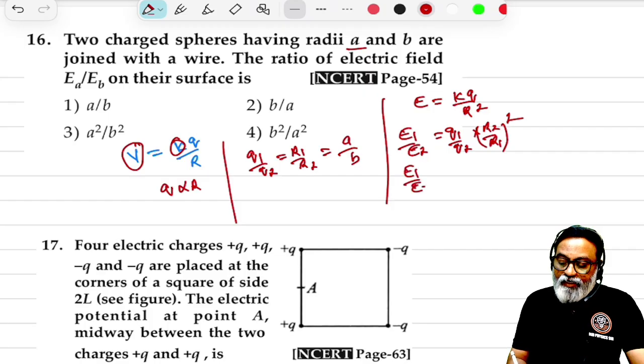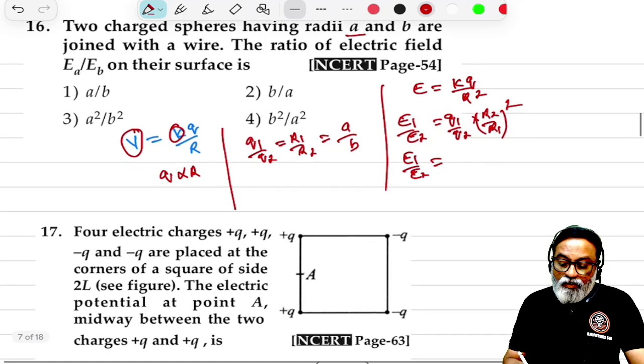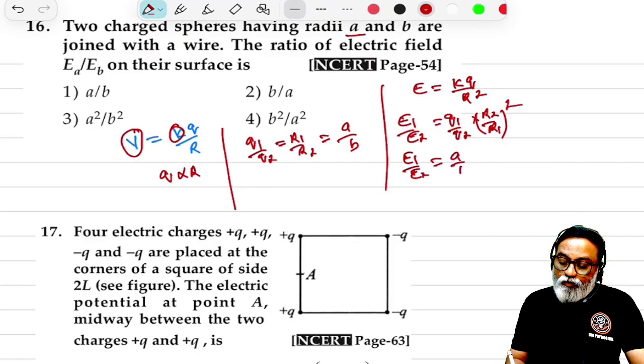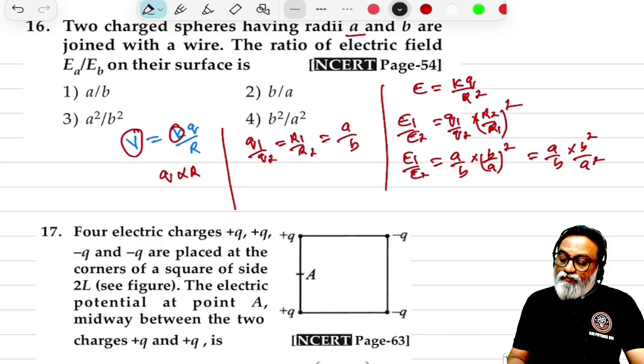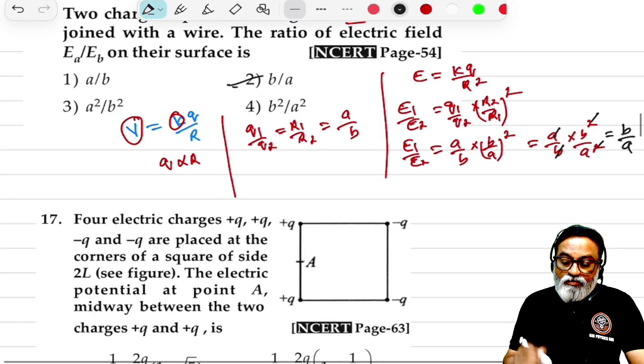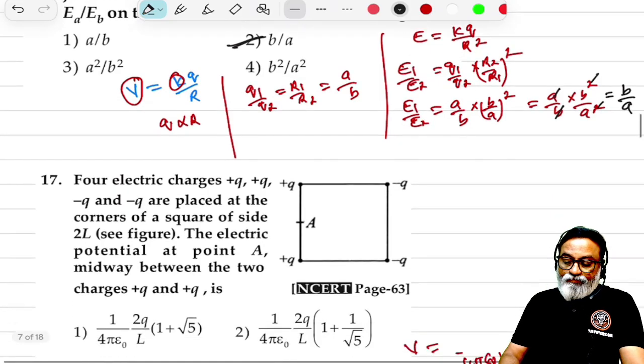Here Q1 by Q2 is equal to A by B, but R2 by R1 means B by A whole square. This becomes A by B into B square by A square. Therefore, B cancels, A square A cancels. This becomes B by A. Therefore, option 2 is correct.